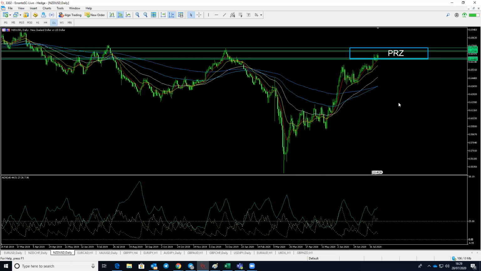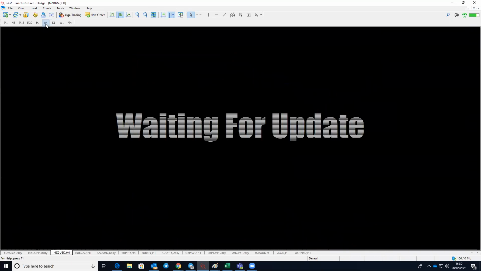As you can see, I have already plotted that PRZ area. We are now preparing a proper location to enter the market for a sell for NZD/USD. We haven't found anything nice on the daily chart. We've just managed to plot that box, and now we will move on to the 4-hour chart.